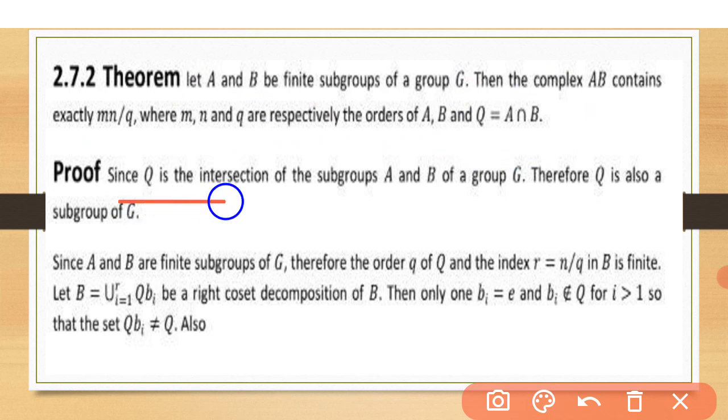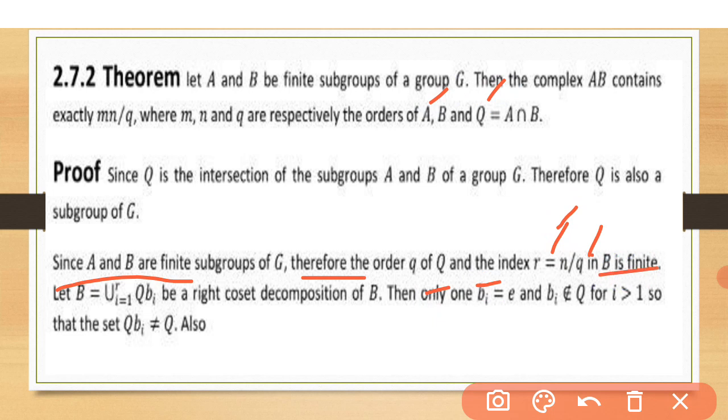Since Q is the intersection of the subgroups A and B of group G, Q is also a subgroup of G. Since A and B are finite subgroups of G, the order q of Q divides n, and the index r is equal to n divided by q. Because these are subgroups, the order of Q will divide n, where n is the order of B and q is the order of Q.